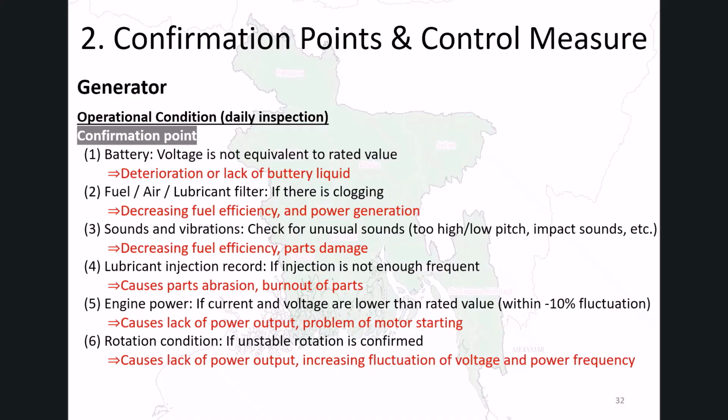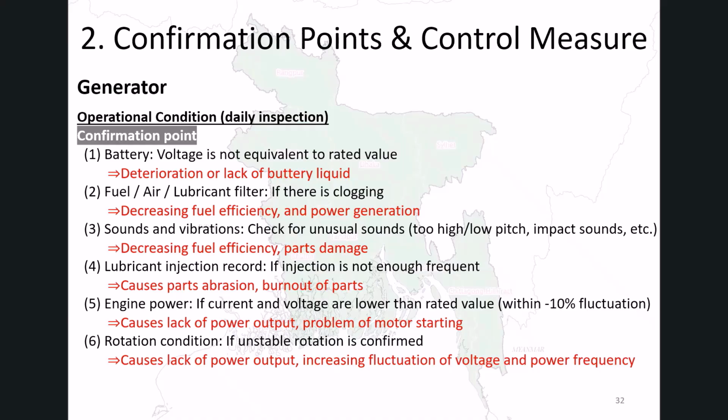Fourth, lubricant injection records. If lubricant replenishment becomes more frequent than normal, it may indicate oil leakage or internal wear. Insufficient lubrication can cause part abrasion or burnout. Therefore, not only the oil level but also the replenishment history should be carefully monitored.